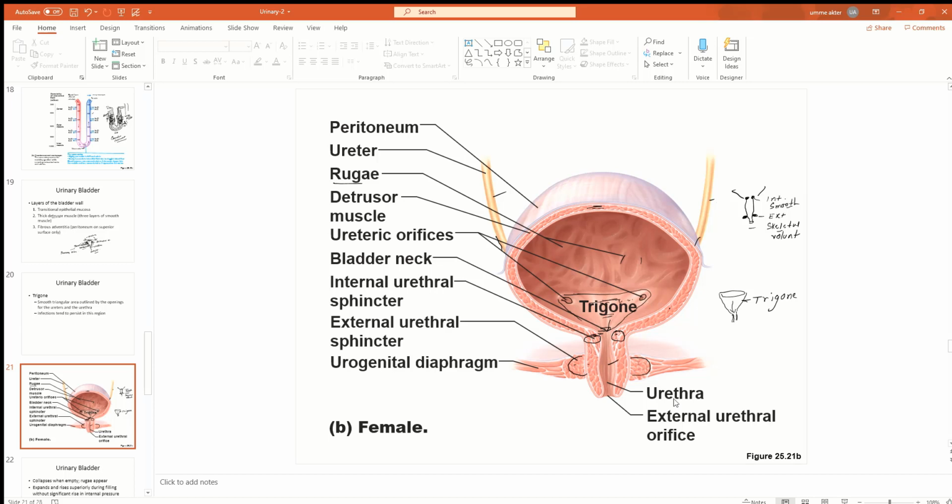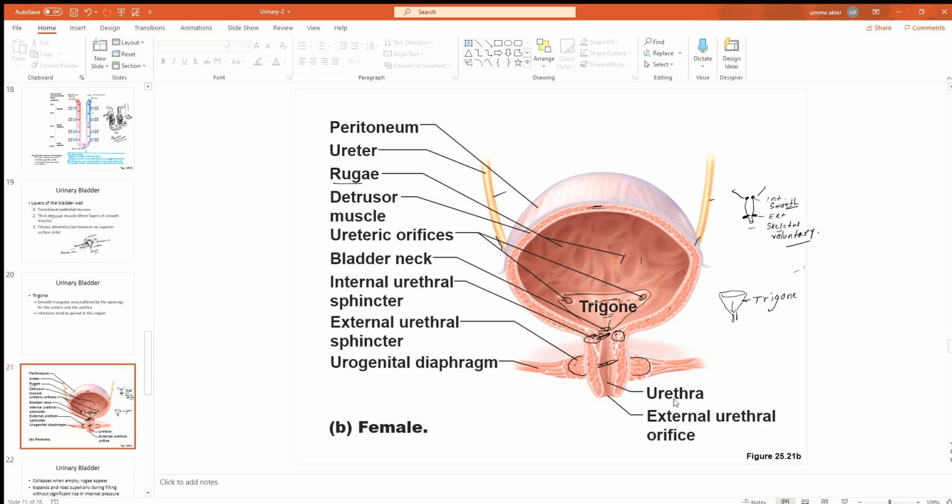So only the external is voluntary. Okay, so we can control it. This one we cannot control. Okay, so when we store the urine inside the bladder, both sphincters must be closed. Make sense? So both are closed, so the urine will not be able to get out.